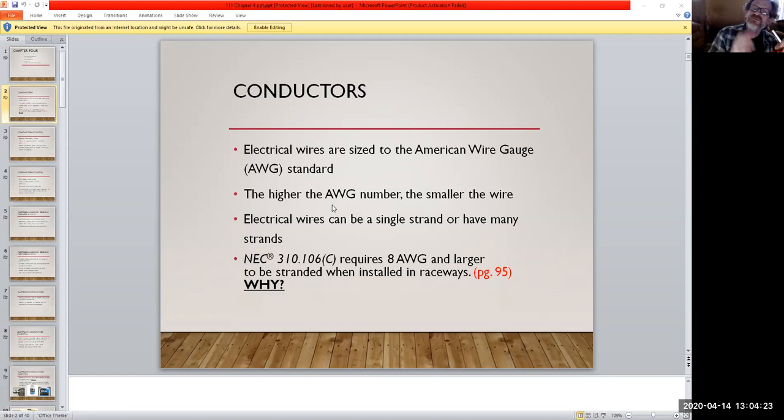Another thing to note, after a certain size, you absolutely cannot have solid core. The reason is solid core is stiffer, right? If you get up to a certain size and had a solid core, it would literally be like a copper rod. There would be no way you would be bending this thing. So like it says here, see NEC 310.106(C): anything over number 8, which is starting to get pretty good size, has to be multi-stranded because you have no pliability.